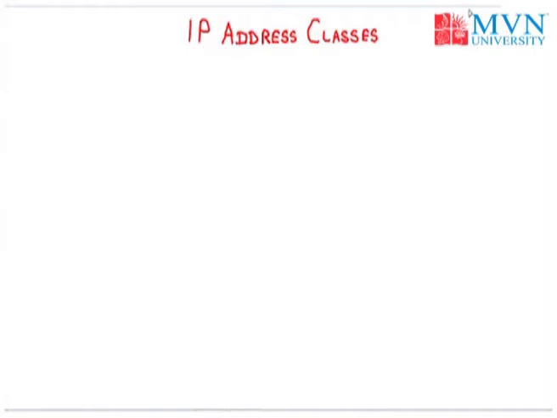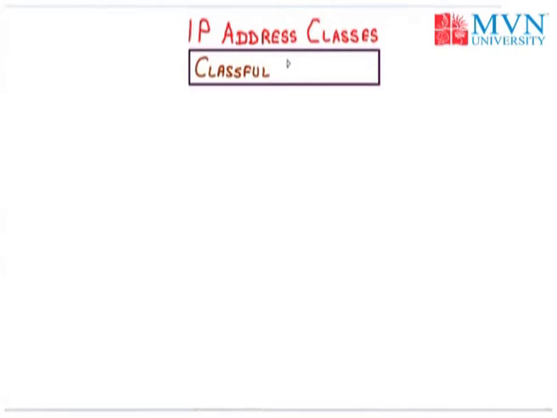So the IP address or IPv4 address is divided into particular classes, that is 5 types, class A, B, C, D and E. This is also called classful addressing. So in classful addressing or IP address classes, we divide the IPv4 addresses into 5 types.